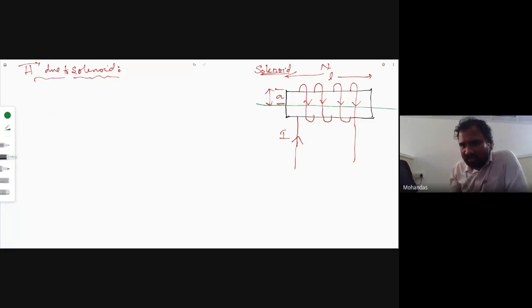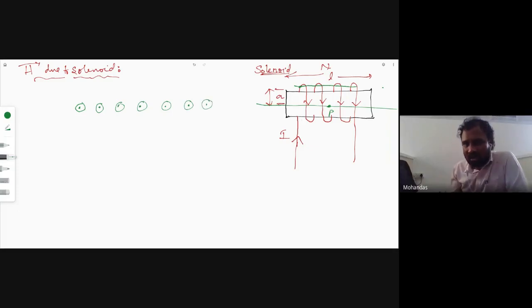Imagine there is a field point P here, and if you cut this solenoid into 2 pieces at this particular point, and again at this particular point, the current is coming out. Coming out is denoted as a circle with a dot. Again I am drawing so that you can understand clearly.